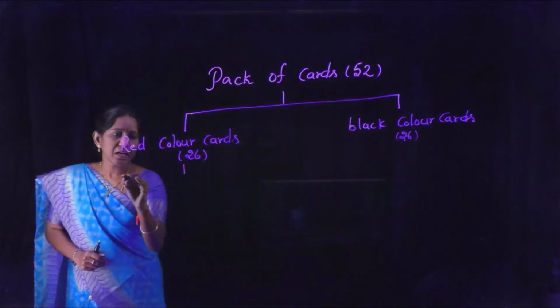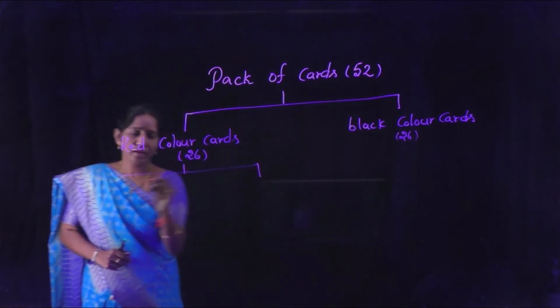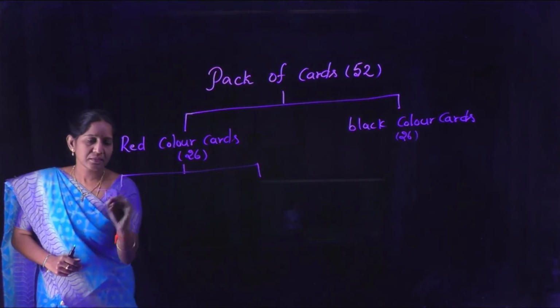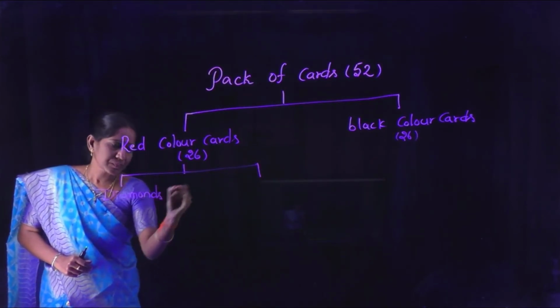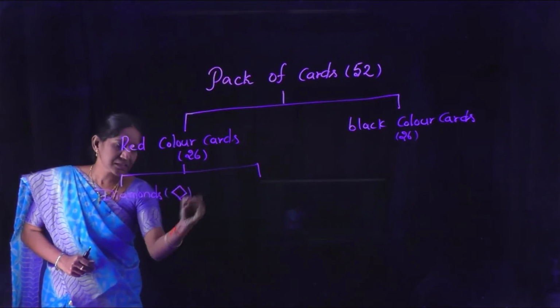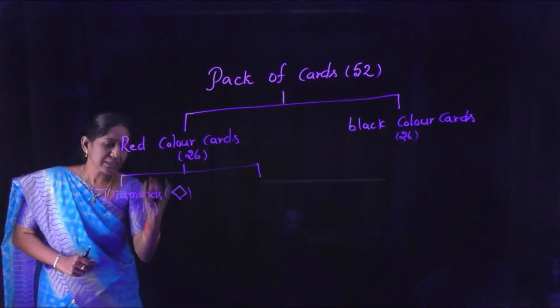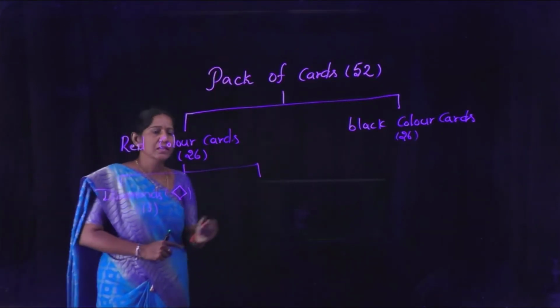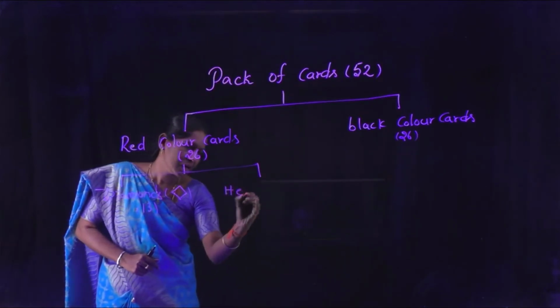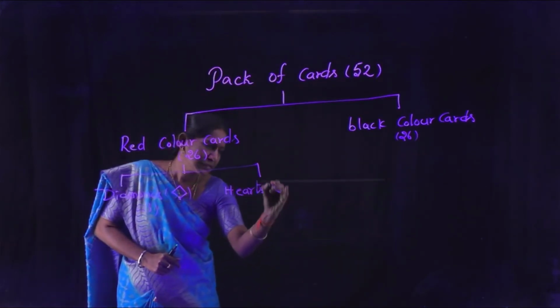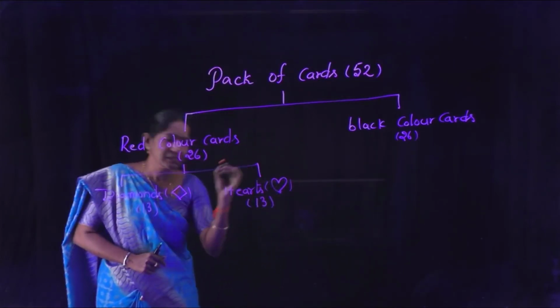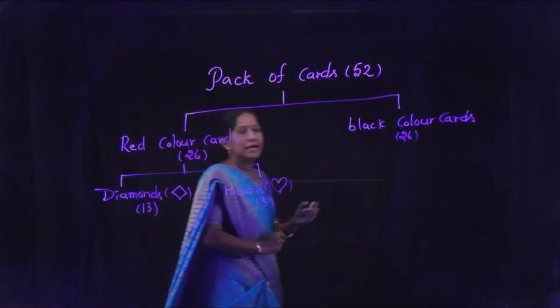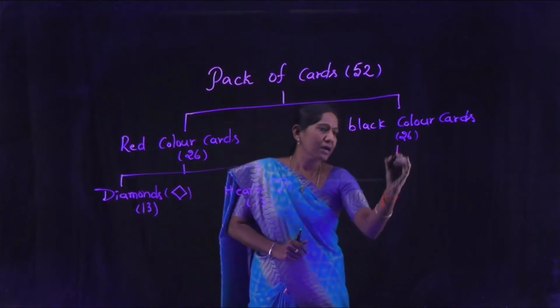From these red color cards there are two sets: diamonds, the symbol is like this, this set contains 13 cards, and hearts, the symbol is like this. This one also contains 13 cards.